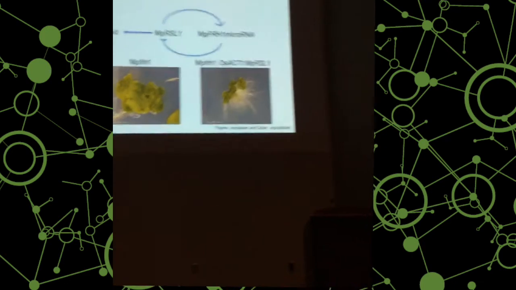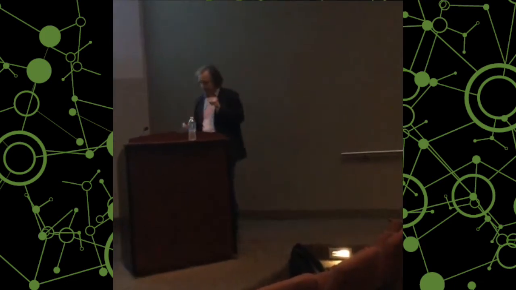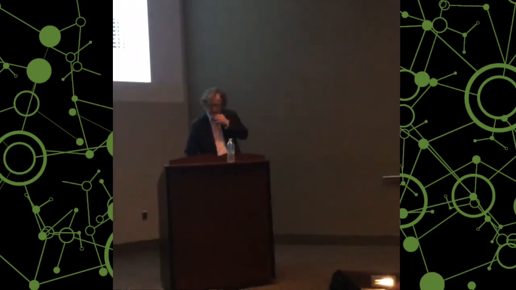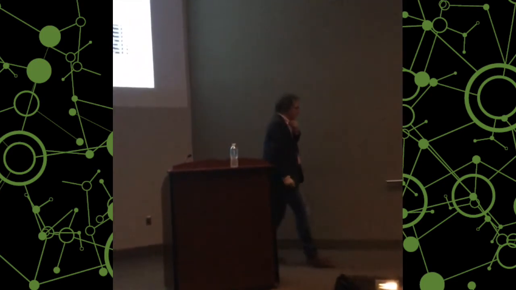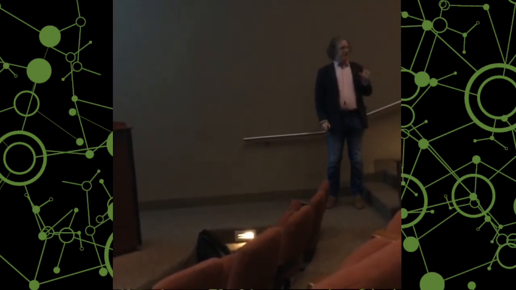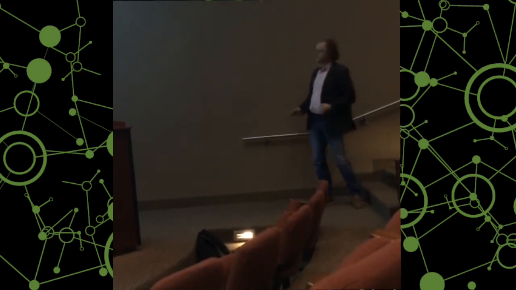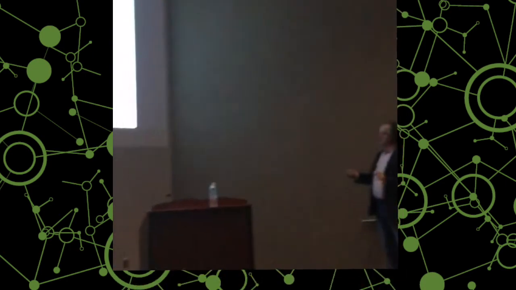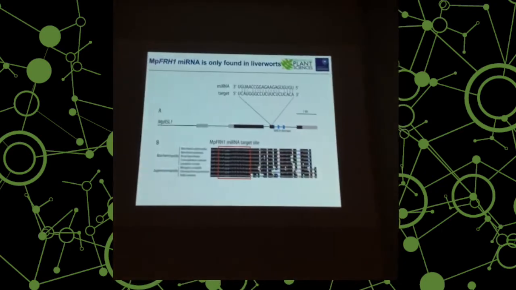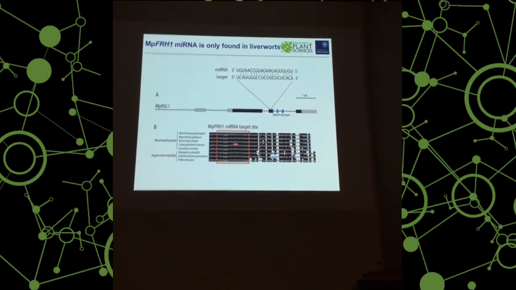in Marchantia and in Arabidopsis, we'd never identified a microRNA that regulated those. So we looked to see was there FRH1 microRNA in other organisms, and there are, but they're all liverworts. So the FRH1 microRNA is restricted to liverworts, so we see it in the 2 major groups of liverworts, the complex thalloid liverworts and then the leafy liverworts.